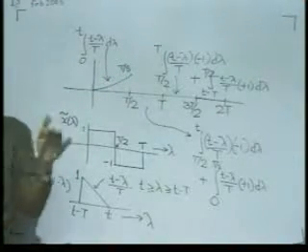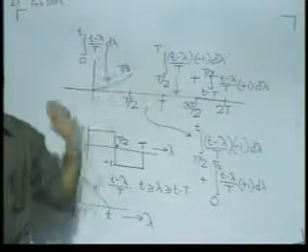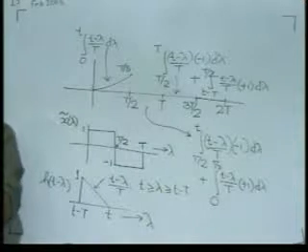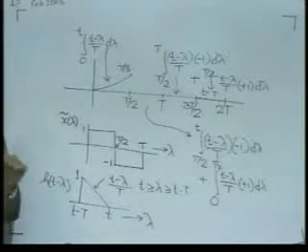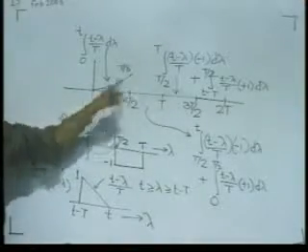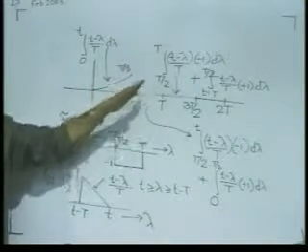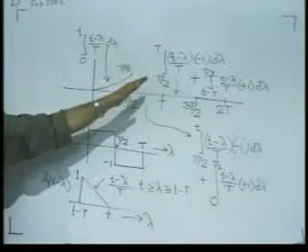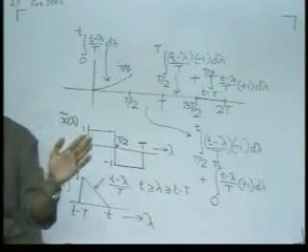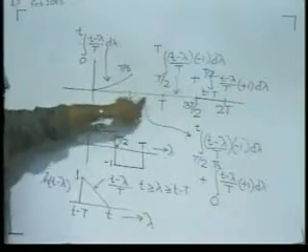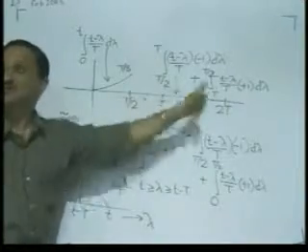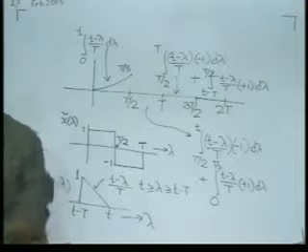However, we don't need to evaluate the sum in the entire interval of 2T, because we know that the output is going to be periodic with period T. When you feed in a periodic input with period T to an LSI system, you get a periodic output also with period T. So you need to evaluate this sum, shifting the input by every multiple of T and adding up the shifted versions, only over an interval of T. So all that you need to do is to take this shifted by T to overlap with this, add up the result in the interval T to 2T, and repeat it in every interval of T. That's the result.